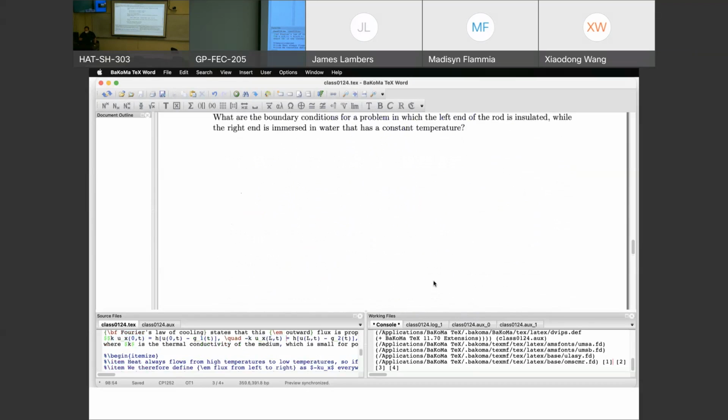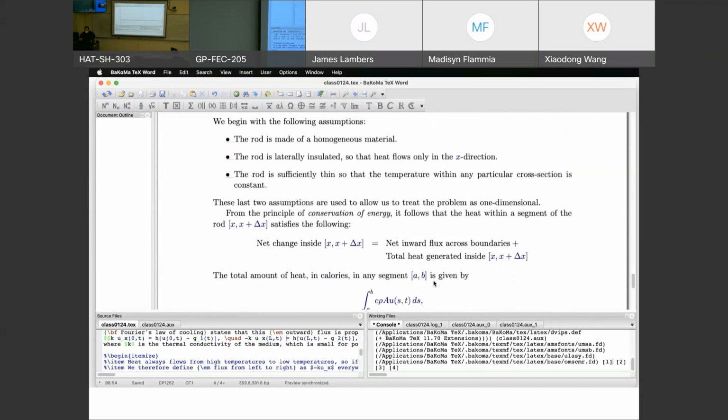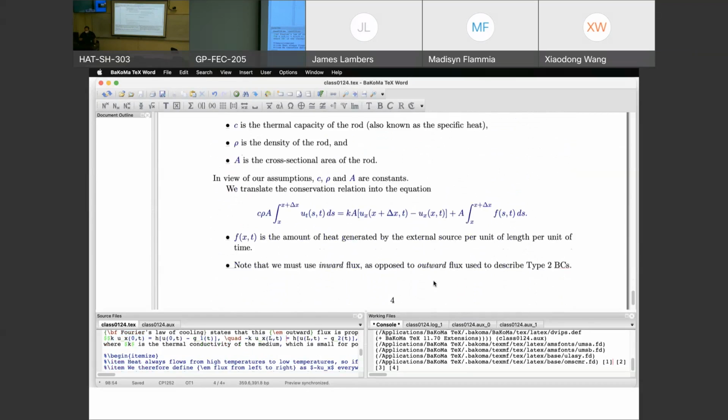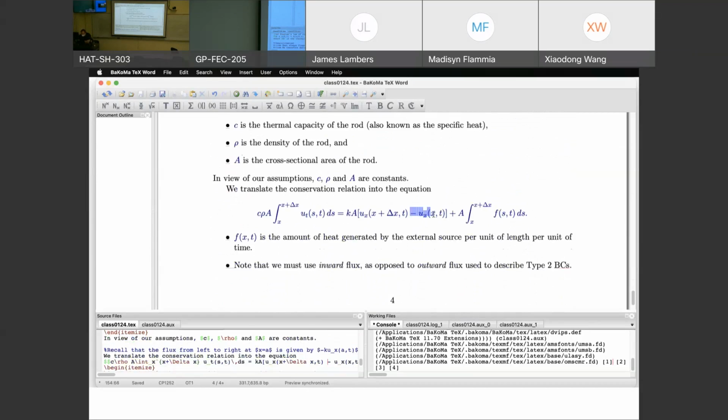So if I go back, right here, this is the term corresponding to flux at the left end of this segment. So because I want inward flux, I'm negating it. Here I have the term for flux at the right end, and it's not negated to make it inward.